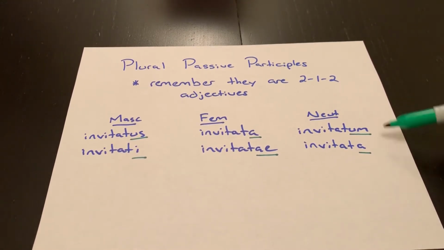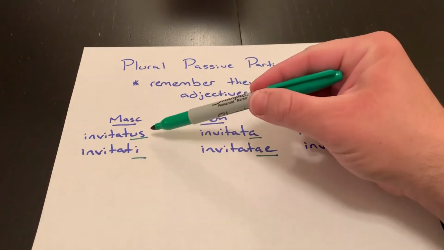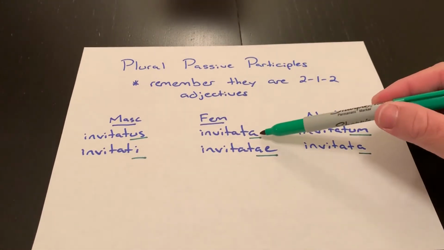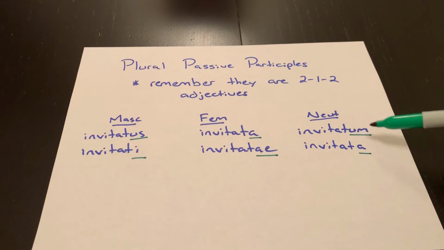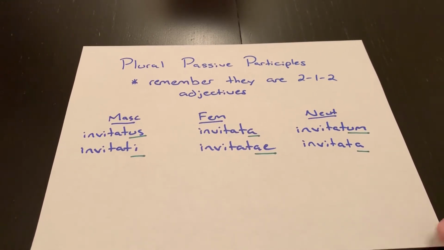Now these are only the nominative forms, so this is nominative singular, nominative plural. We'll look at the other cases in the next video, but right now, these are our 6 forms of the passive participles that we're going to have.